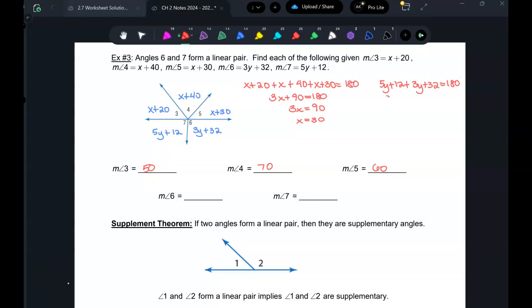So here we're going to get 8y plus 44. Subtract 44, that's going to give us 8y equals 136.